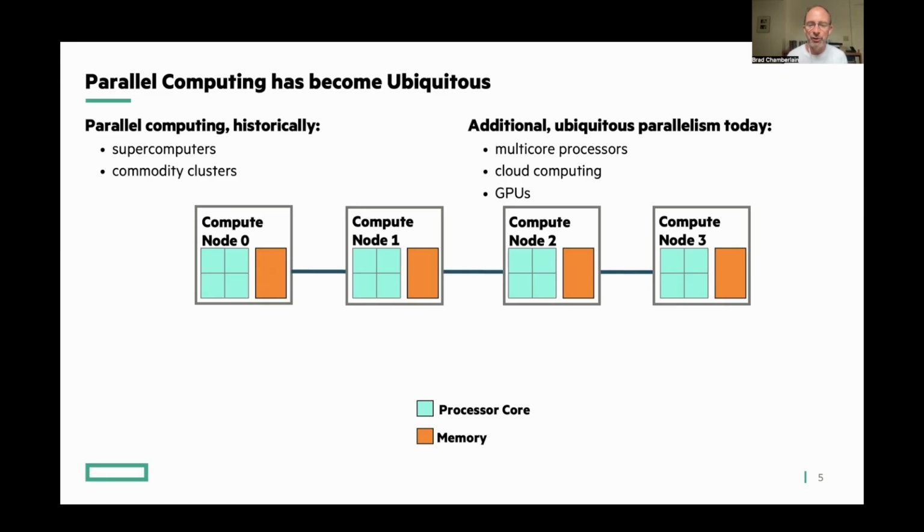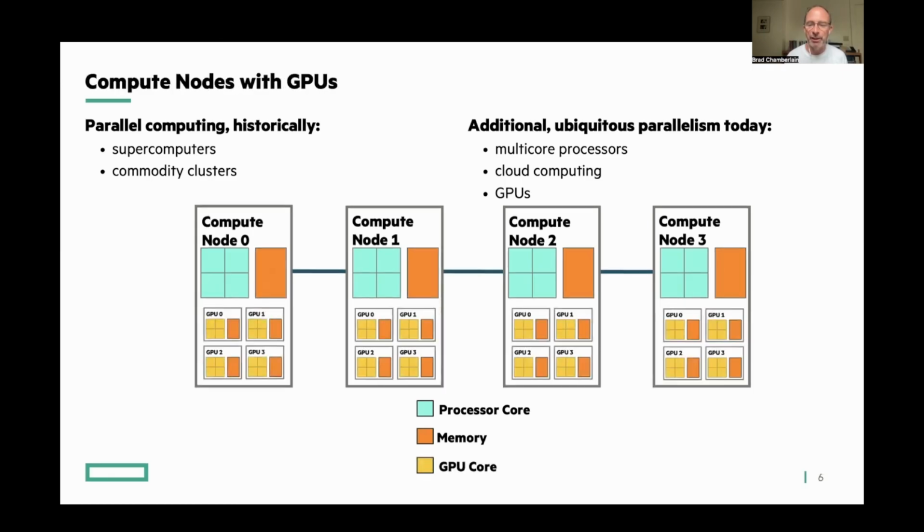When we think about GPUs, I should extend my little cartoon here, because now not only do we have traditional CPU processor cores and memory, but we have these additional GPUs that have their own kinds of cores and memory. And so those are additional places for us to run parallelism, to allocate data, and to worry about locality, not just across the compute nodes, but within a compute node. Do we want the CPU resources or the GPU resources, and which ones?